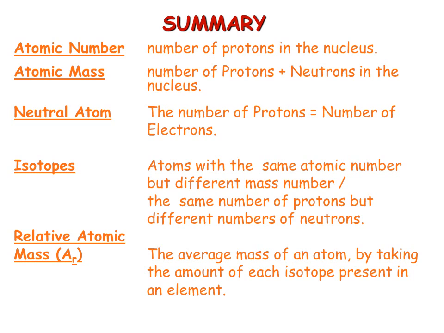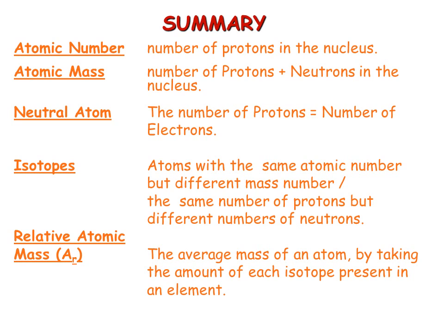Isotopes are atoms with the same atomic number but different mass numbers, that is, the same number of protons but different numbers of neutrons. And relative atomic mass is the average mass of an atom, taking the amount of each isotope present in the element.